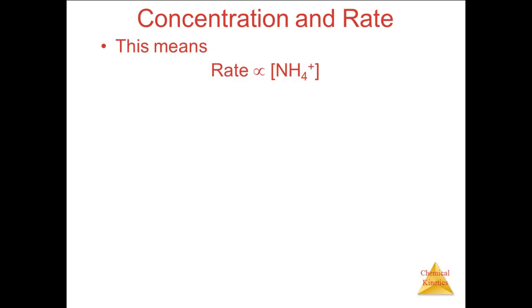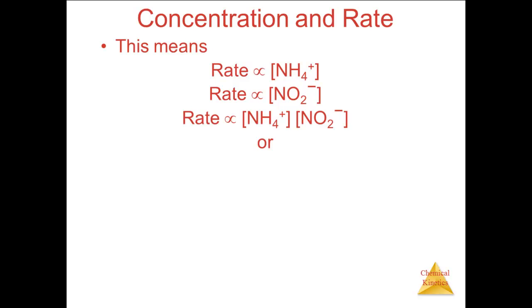This means that the rate of the reaction is proportional to the concentration of ammonium ion if the concentration of nitrite ion is constant, and the rate of the reaction is proportional to the concentration of nitrite ion if the concentration of ammonium ion is constant. If the rate is proportional to both ion concentrations, then it is proportional to the product of the two.